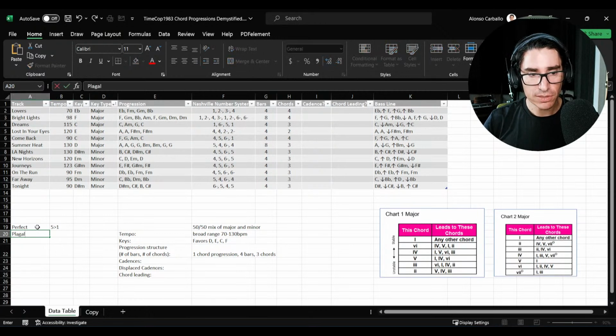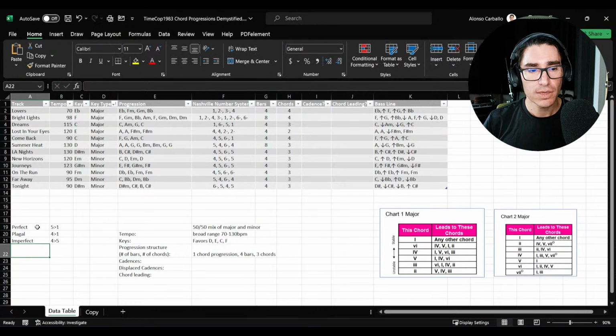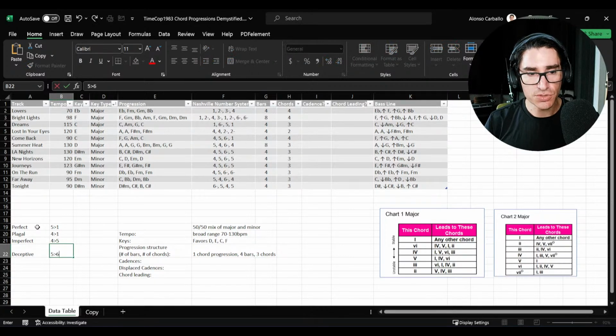The plagal is when we do 4 to the 1. Imperfect or half is when we do, for example, 4 to 5. And the deceptive is when we do 5 and go to 6.